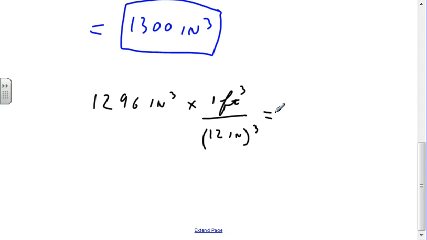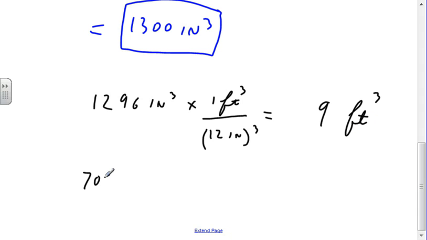So now inches cubed goes away, and I only have cubic feet left over. So 1296 divided by 12 cubed, which is 1728. So I have 0.75 cubic feet of lead.